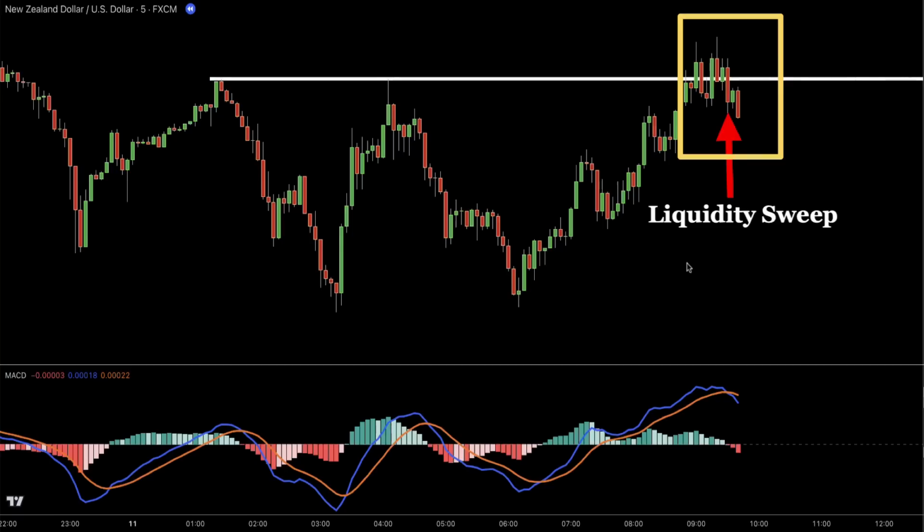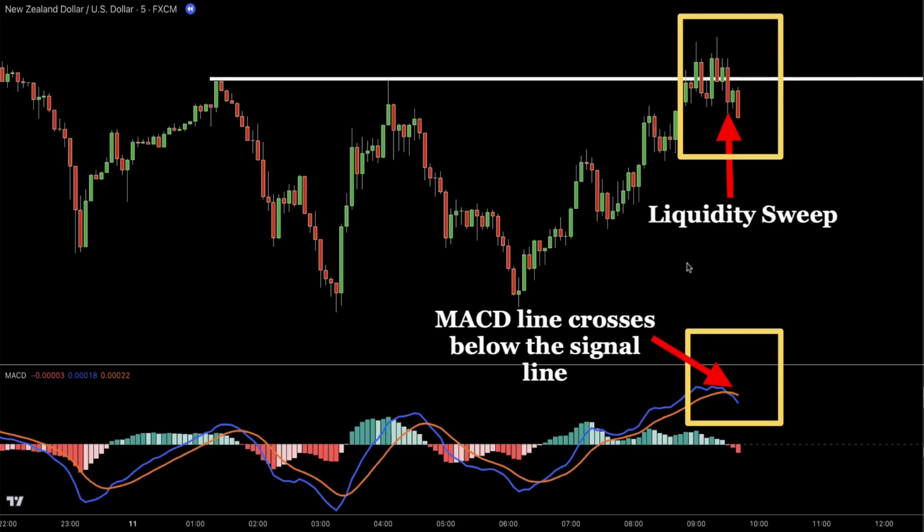Next, look at the MACD indicator. The MACD line crosses below the signal line, giving us a sell signal. We're not just trading every MACD crossover we see. We're combining MACD signals with a deep understanding of smart money tactics like liquidity sweeps. This strategy allows us to filter out low-probability trades and only take signals that align with institutional moves.